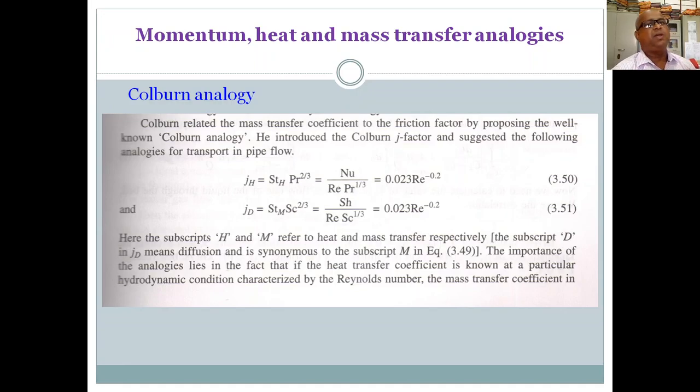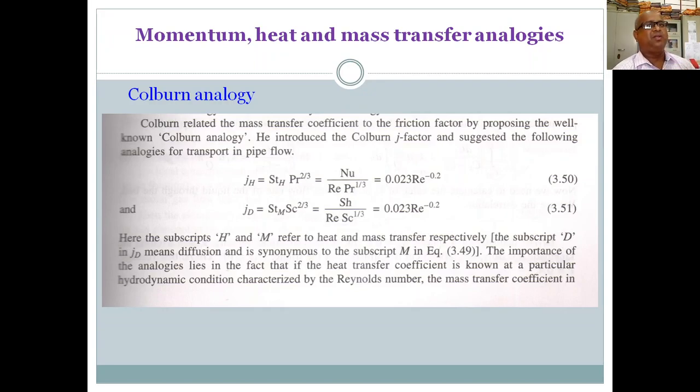But keep it in mind, in convective mass transfer, when I increase the velocity, we are reducing the boundary layer thickness. Conceptually that is okay, but the quantification of it is important. If you increase velocity, the boundary layer thickness decreases, but what is this value?